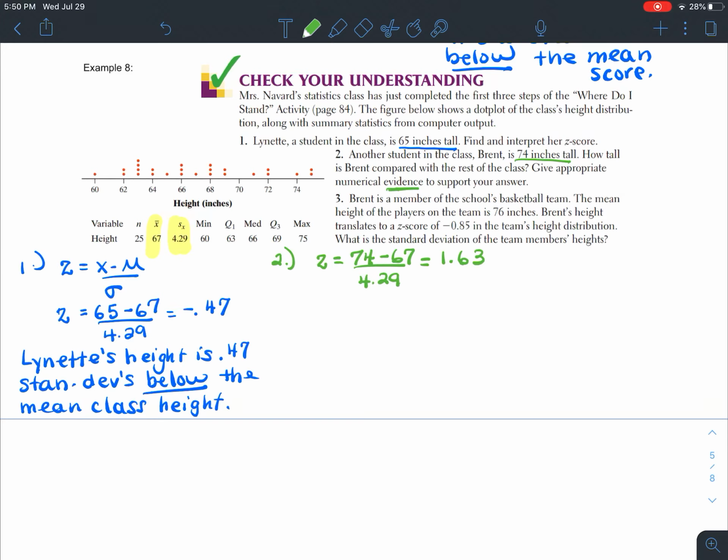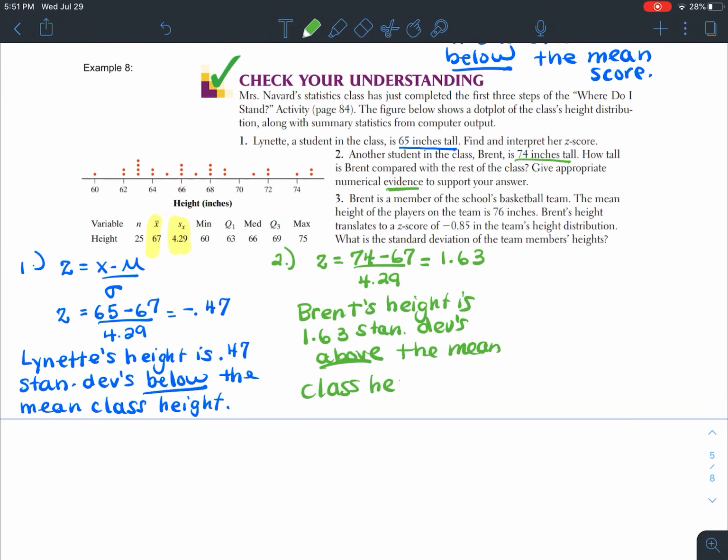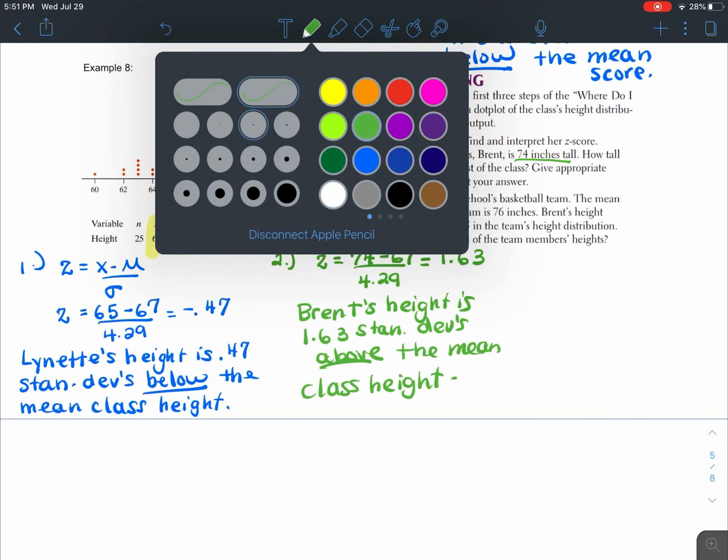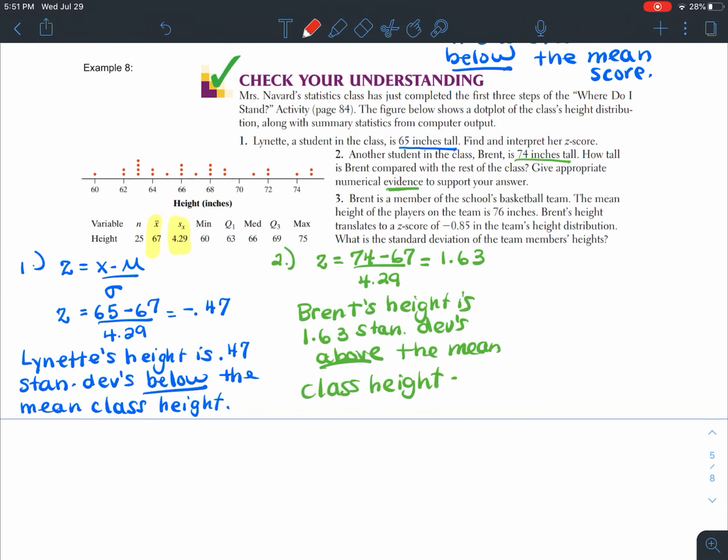Okay, because obviously you can see his height, see that it's above the mean, so we know we're going to get a positive z-score. Okay, but we're going to say Brent's height is 1.63 standard deviations above the mean class height.